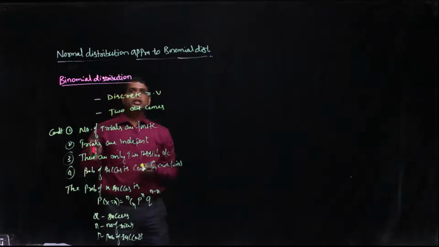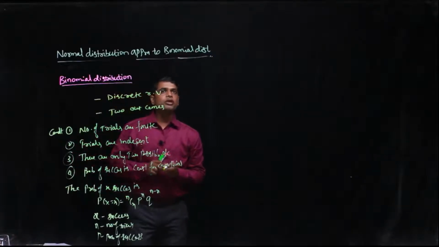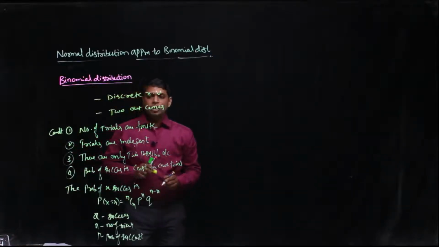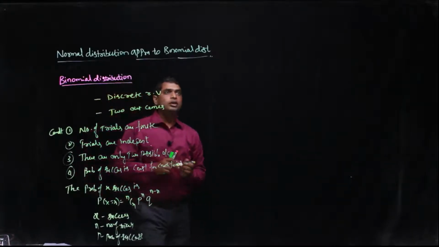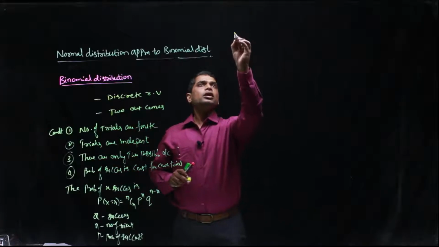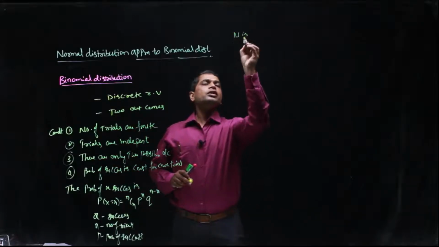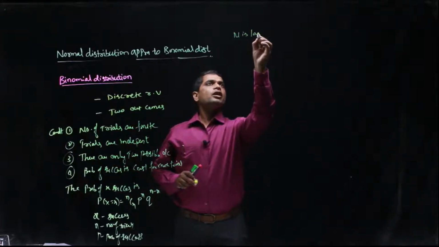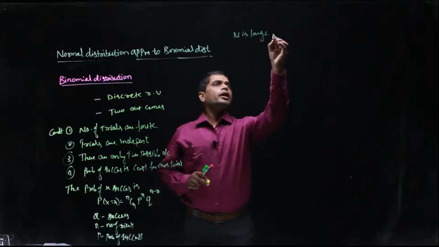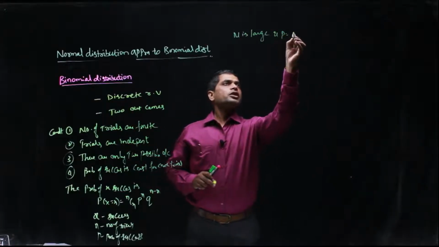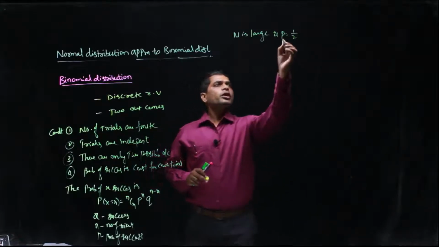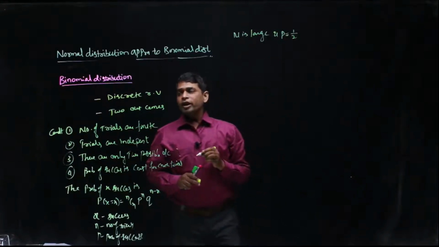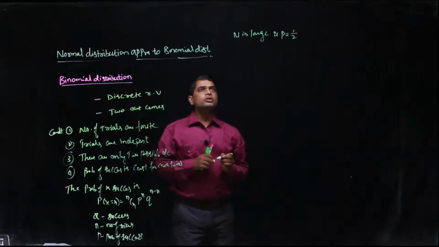Next, we see how the binomial distribution can be approximated by the normal distribution. Suppose n is finite but a very large value, and the probability of success is nearly 1 by 2. Then we can convert this binomial distribution to normal.